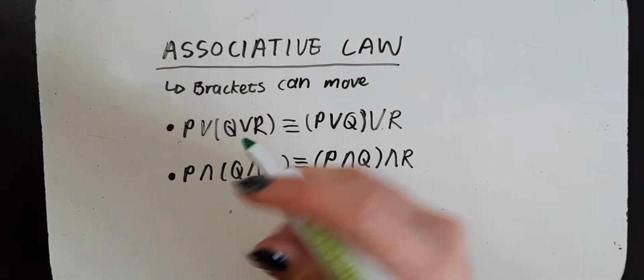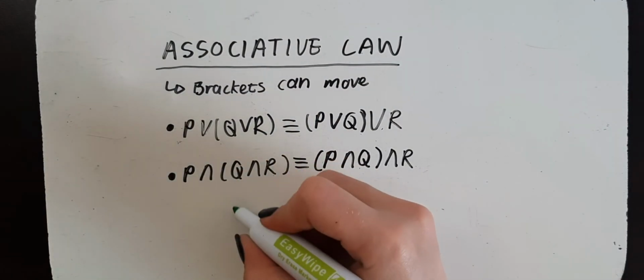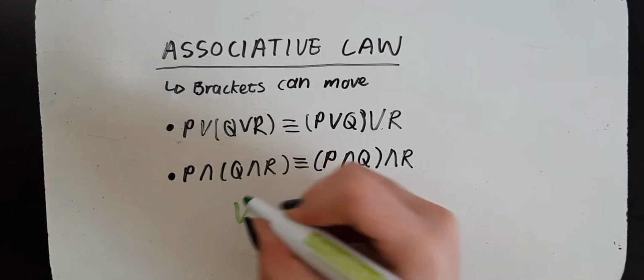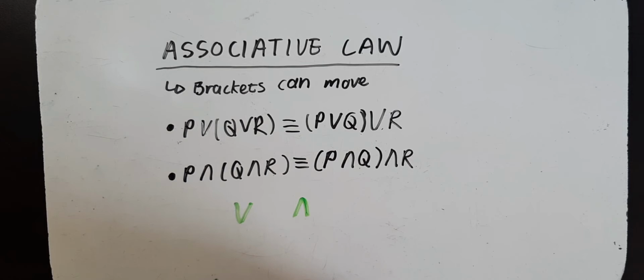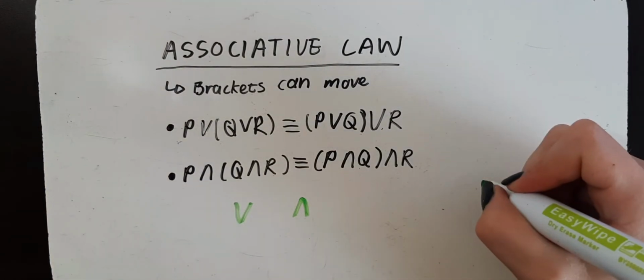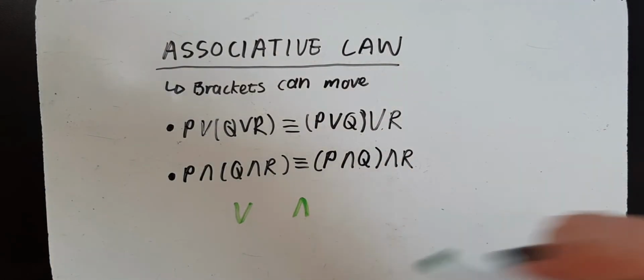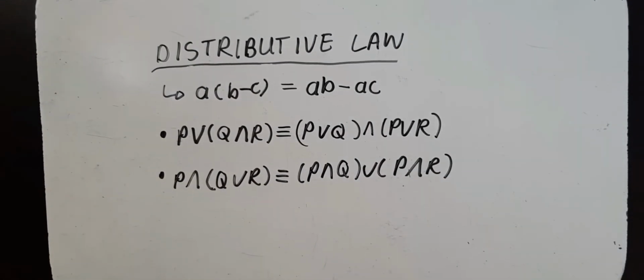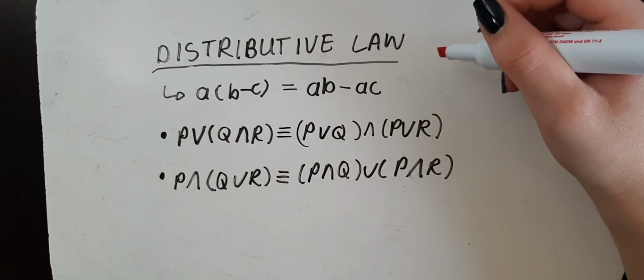But the symbols must be the same. So you must have all disjunctions or all conjunctions. Otherwise, it will not be true. You can't have both.